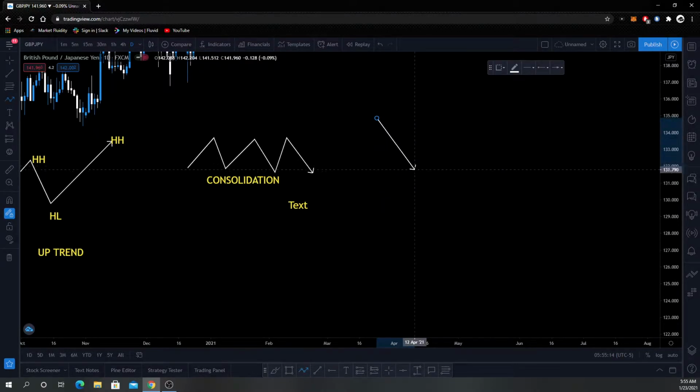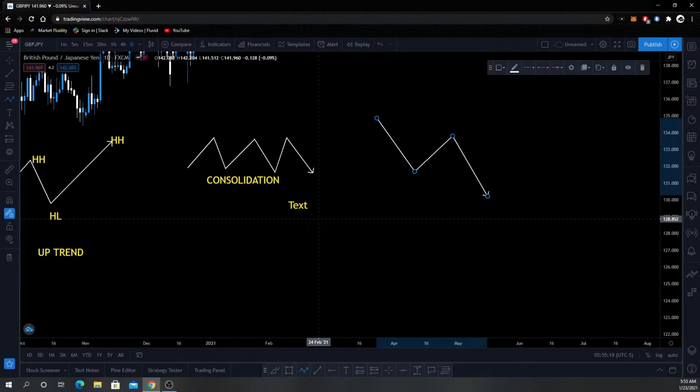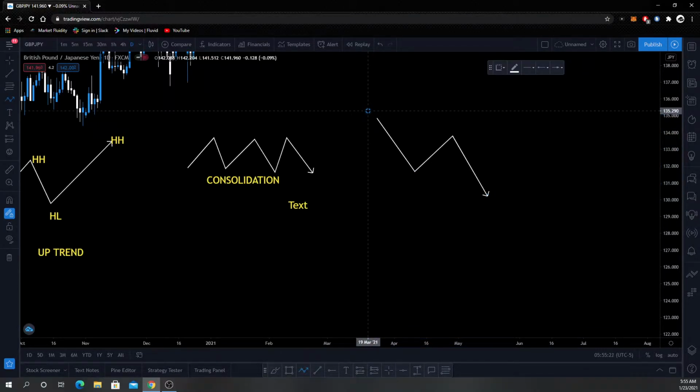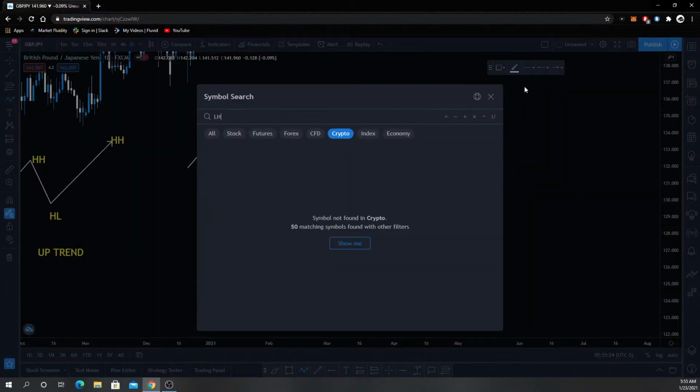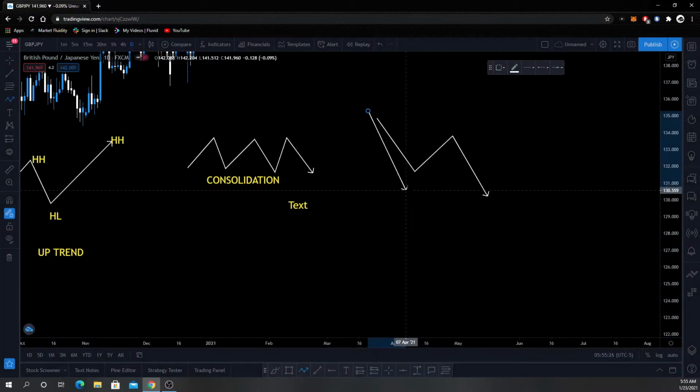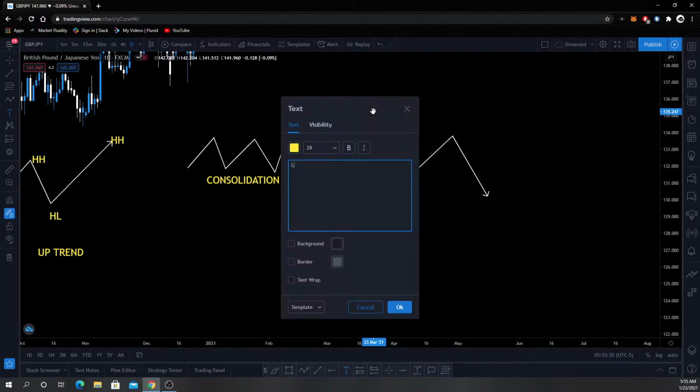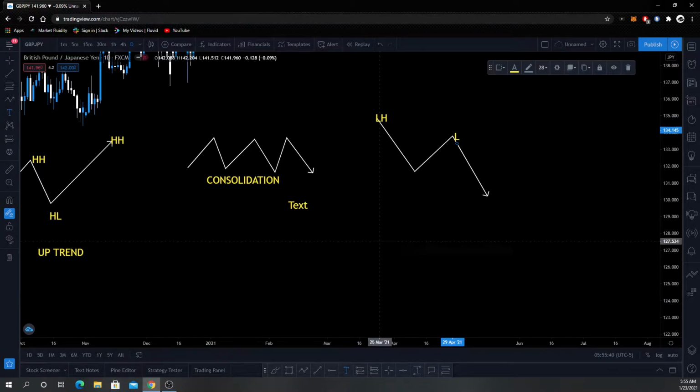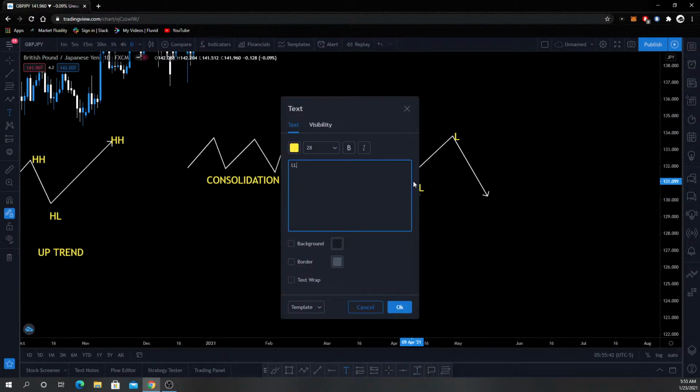It's where price goes from higher places to lower places. So price would have a lower high, my apologies, then a lower low here.